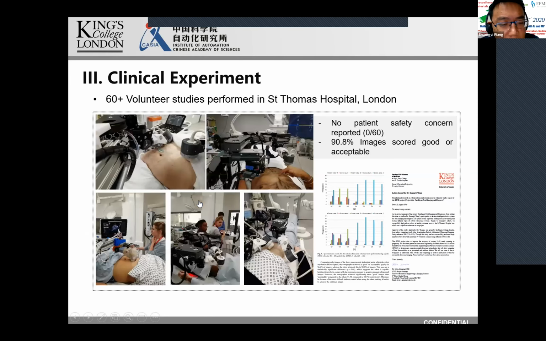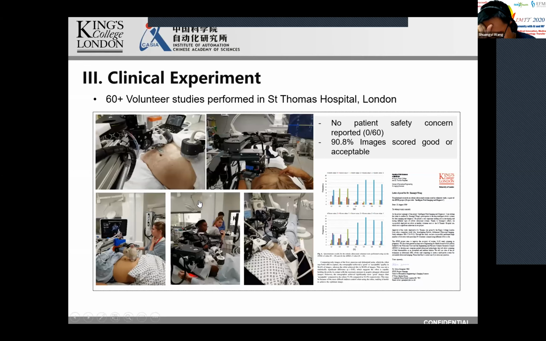Using this robot, we performed more than 60 volunteer cases at St. Thomas Hospital in London, and we had clinical results that have been formally published. Just a highlight of that: there were no patient safety concerns reported, and about 90% of images scored good or acceptable, which means the robot can acquire similar quality images to those a sonographer acquires.